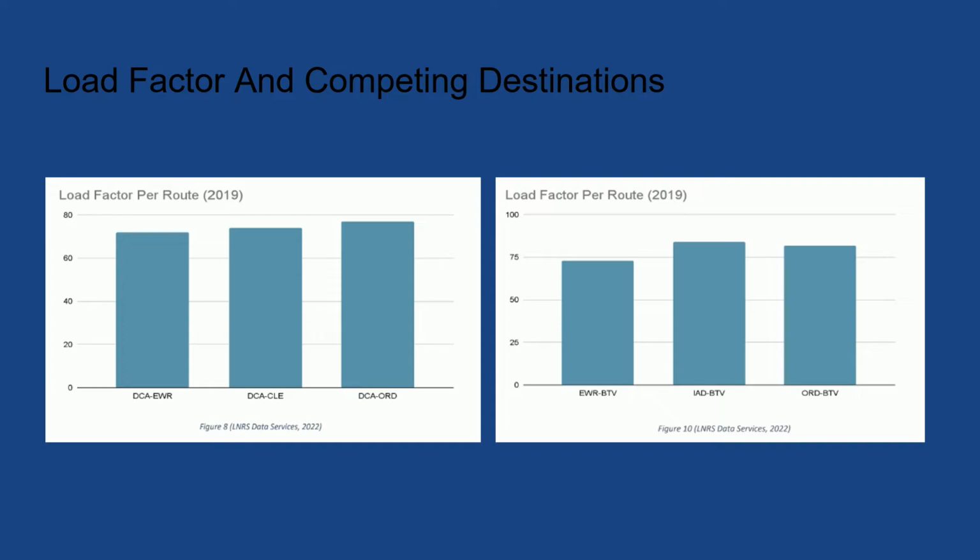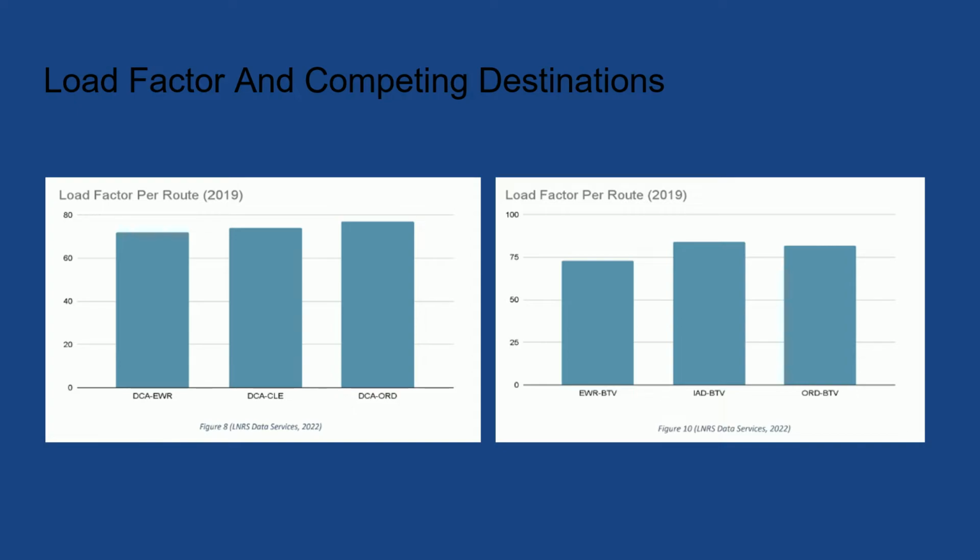The Washington to Newark route looks like it's about 70% load factor, and we compared that with Cleveland and Chicago destinations from the Washington route, and they're relatively close, with Chicago being a lot higher, around 78% maybe, because it is a hub. It's a much larger airport than Cleveland.